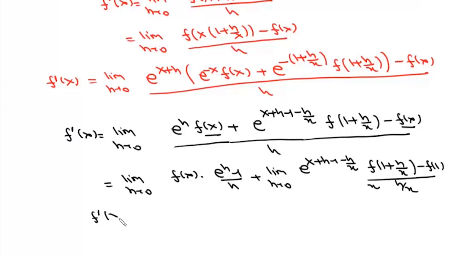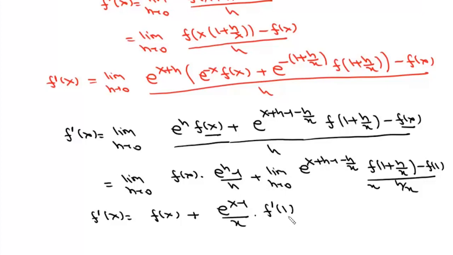Now this is f dash x, and this is standard limit 1, so it will be f(x) plus, now if we put h as 0, this is e to the power x minus 1 upon x into, and this is the derivative of f at 1, and there will be f dash 1. Now we are given that f dash 1 is e.